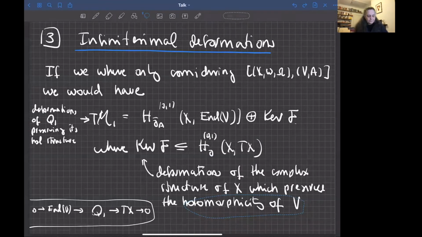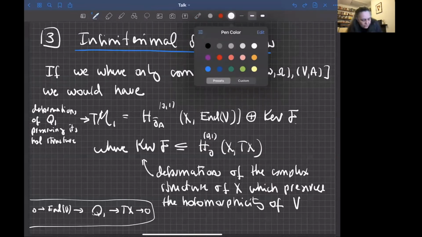The ones that are not in the kernel are obstructions to deforming this whole structure while preserving holomorphicity. So what you have is a subspace of the infinitesimal deformations of the complex structure on X.